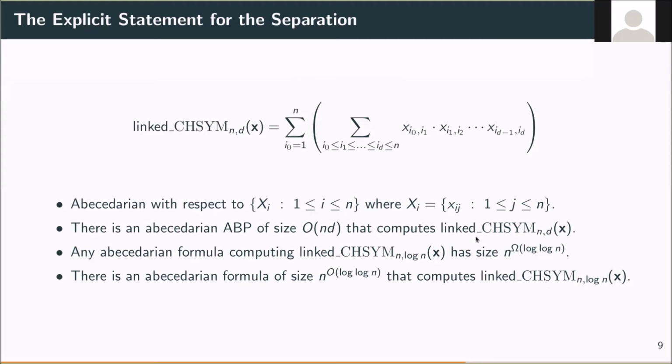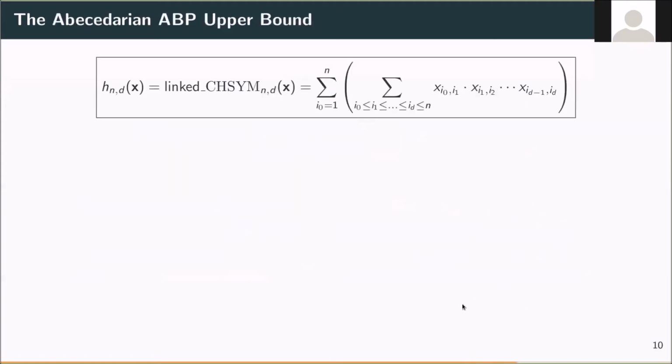So this basically says that the abecedarian formula complexity of the log n variant of the linked complete homogeneous symmetric polynomial, linked CH-sym, is n to the theta log n. Okay. So we will now go over the proof ideas. Firstly, the abecedarian ABP upper bound is very simple to check.